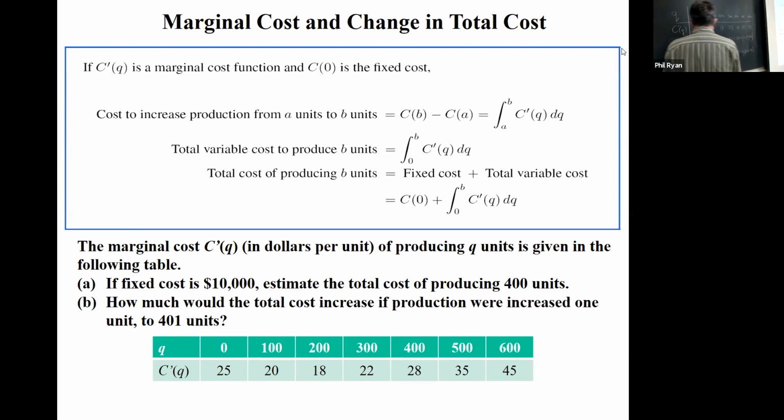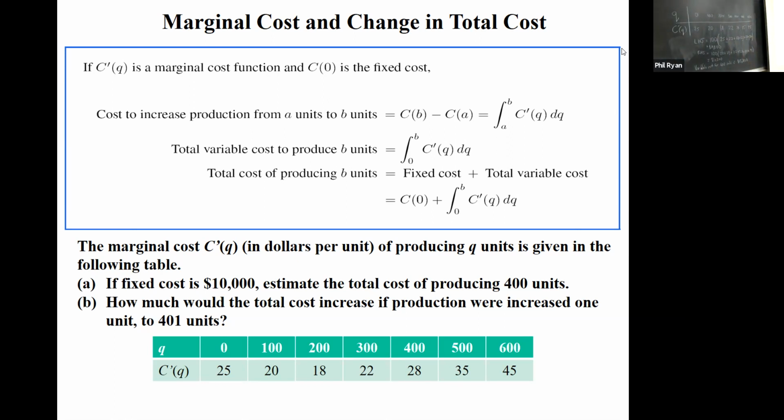And so our estimate then of the variable cost for 600 units is $15,800.